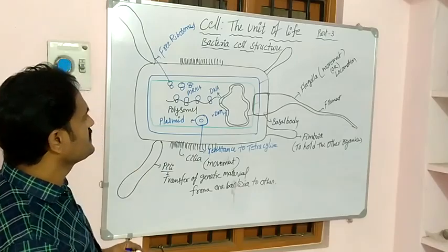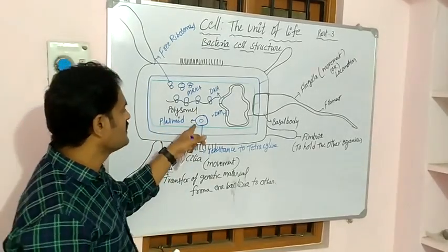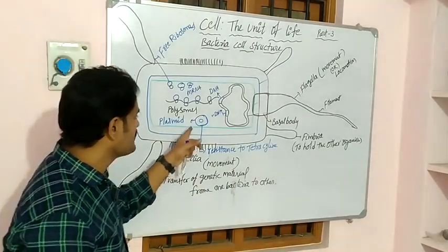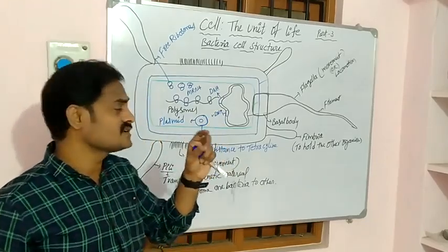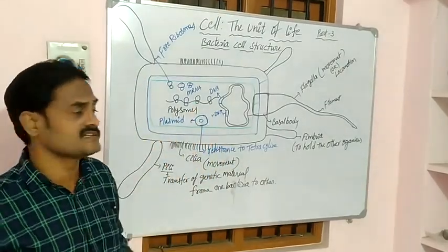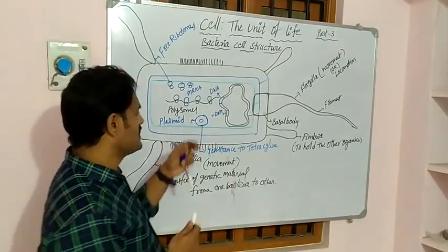And also here the bacteria cell has the double-stranded plasmid. Remember, the plasmid is not necessary for bacteria cell survival. But what is the use of this plasmid?